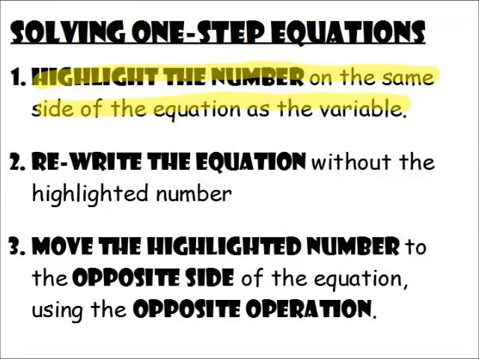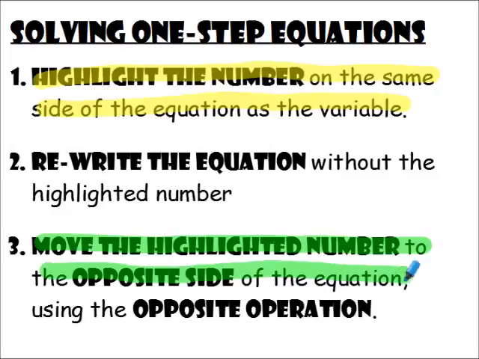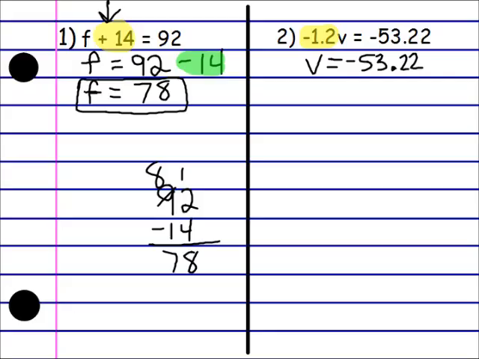And in our final step 3, we're going to move the highlighted number to the opposite side of the equation using the opposite operation. So what was the operation we originally had? What kind of math was going on right here between the number and the variable?